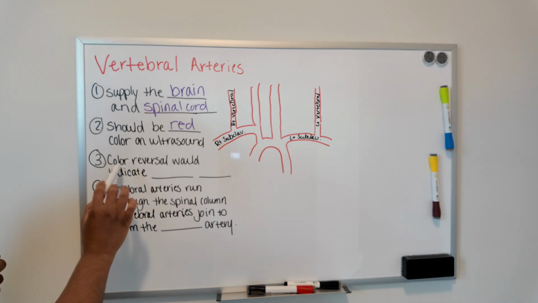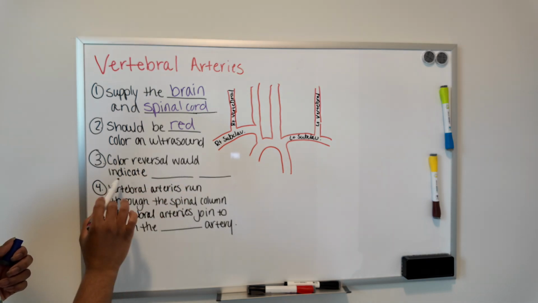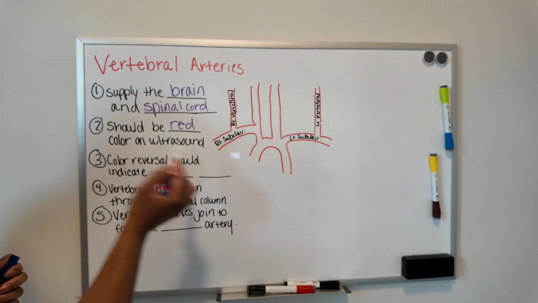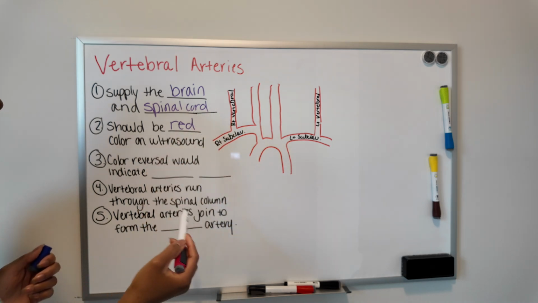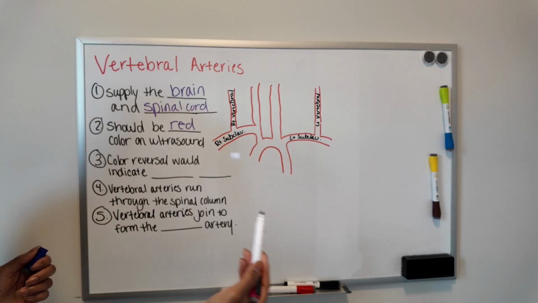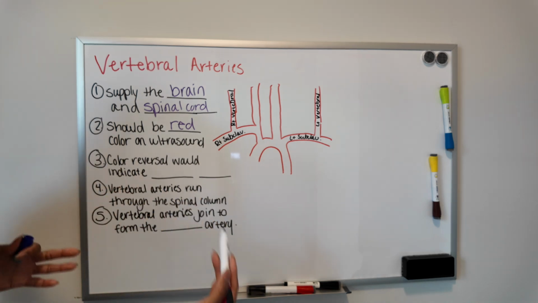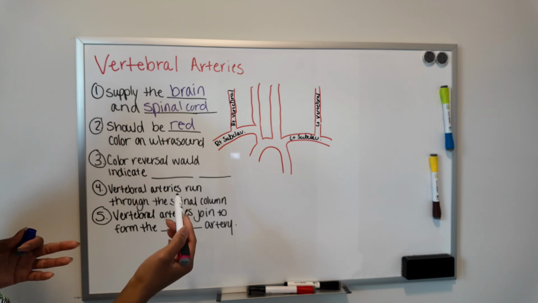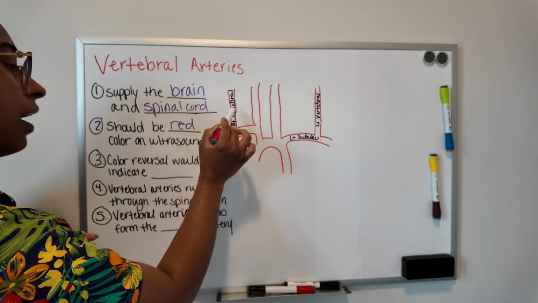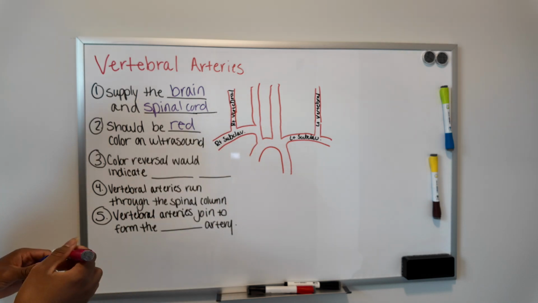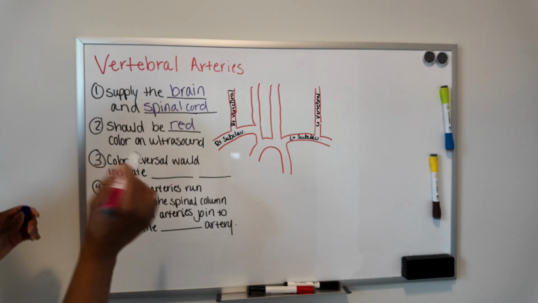So then it says color reversal would indicate blank. So if you have a blue vertebral artery on ultrasound and it is not due to poor technical factors, then what abnormality or what pathology would you expect to see to explain the opposite direction of flow in your vertebral? All right, I'm gonna give you the answer.